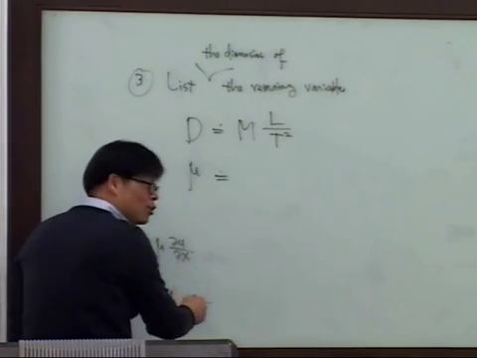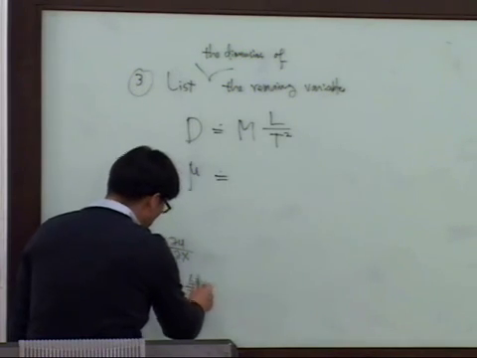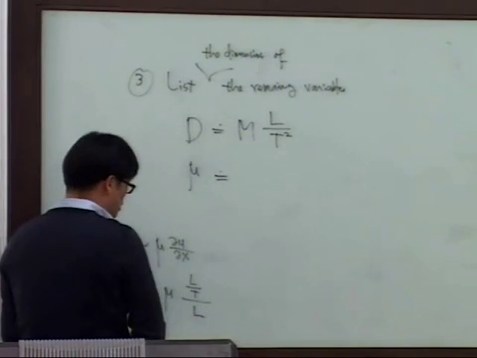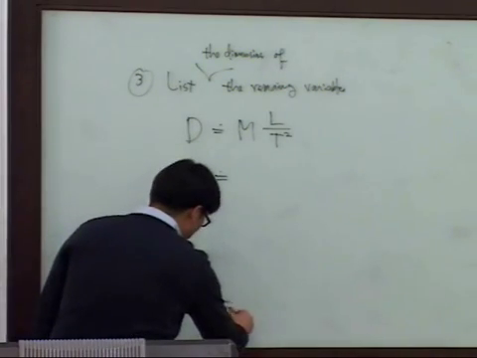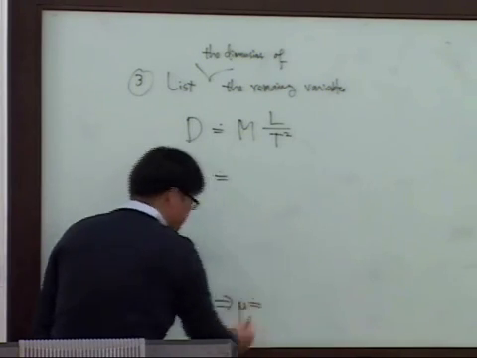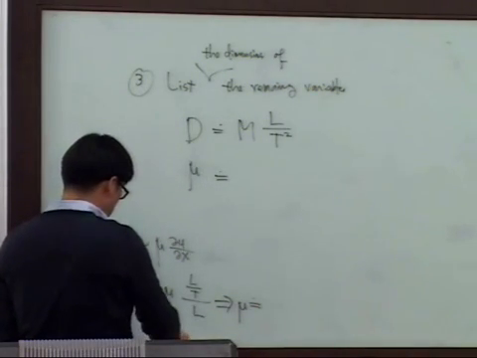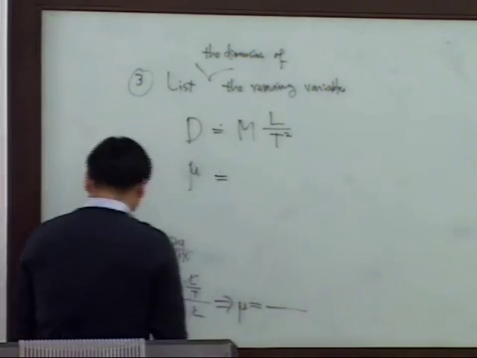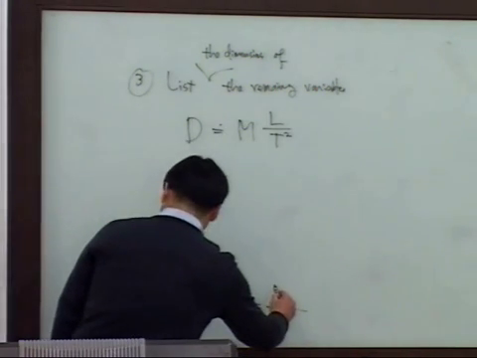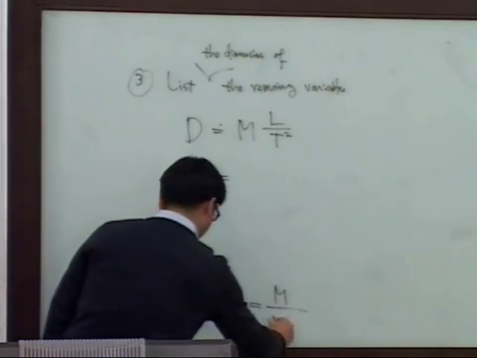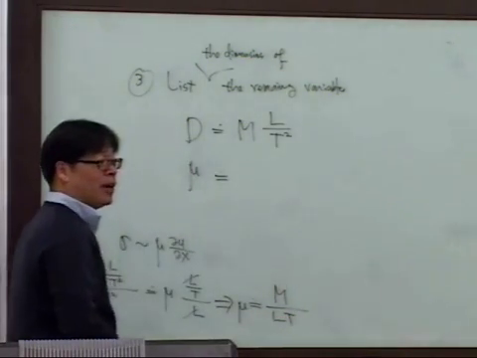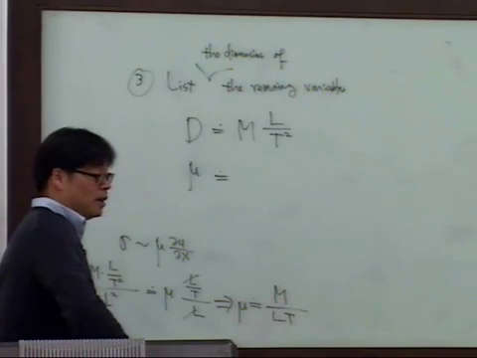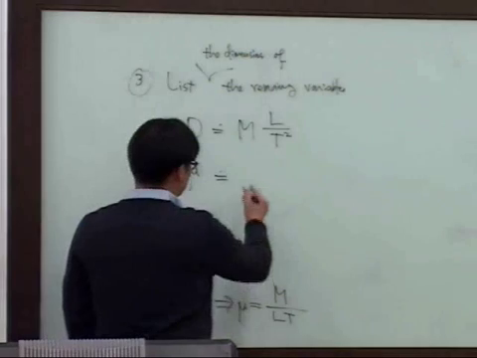I know the dimension of u, which is L over T. Derivative means I divide by L. So far so good, right? Then we find the dimension of mu: M divided by L times T. That's the dimension of the dynamic viscosity. So that's what we have here.